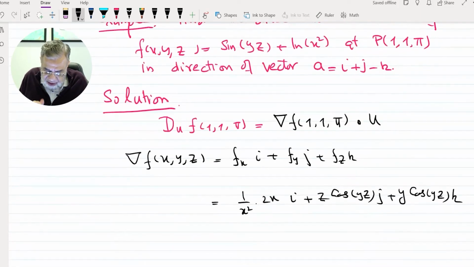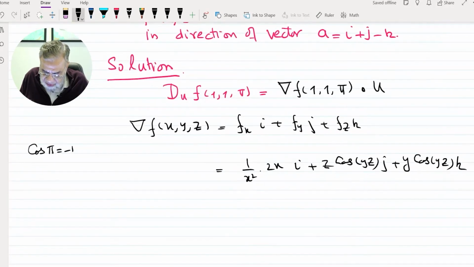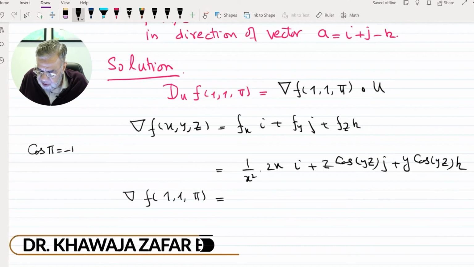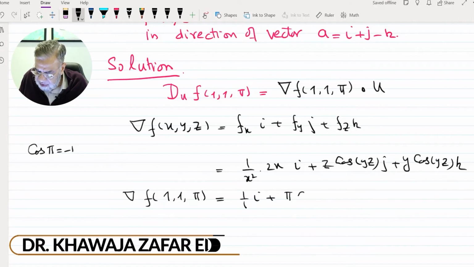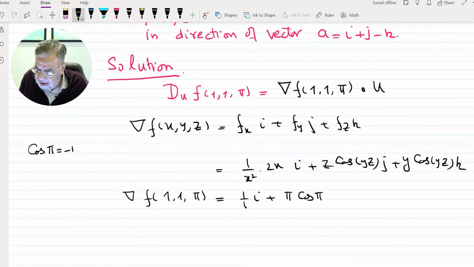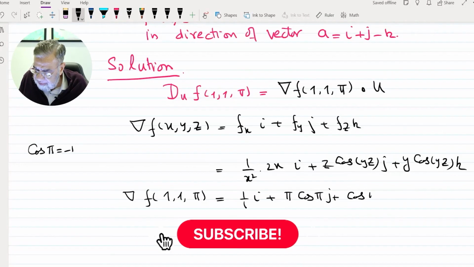I find the value of the gradient, and you must remember that cosine pi is equal to -1. So we write the value of the gradient of the function at the point 1, 1 and pi. That gives me 1 upon x, this is 1 upon 1, i, plus z equal to pi, then cosine pi, and because y is equal to 1, we have cosine pi k.